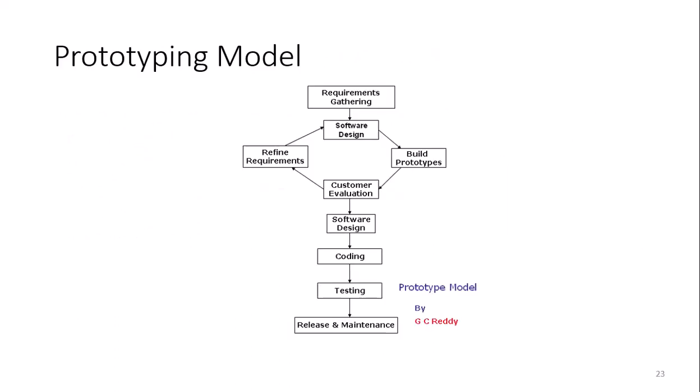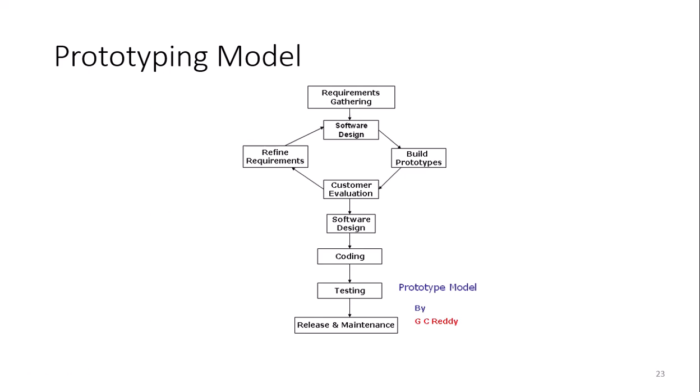Now the prototyping model, which is very interesting. This is the model where you develop or design prototypes rather than the actual software. First you gather the requirements, and then the software architecture and design is finalized based on the collected requirements.